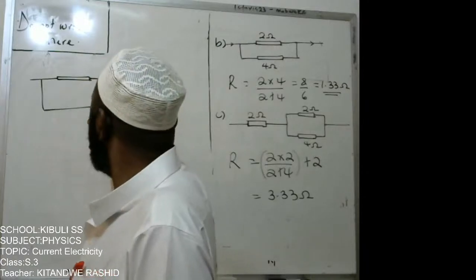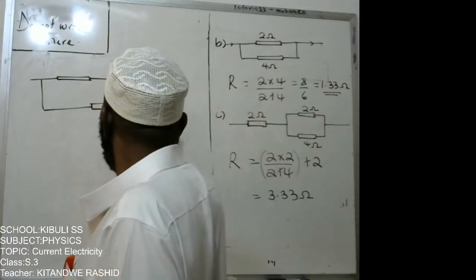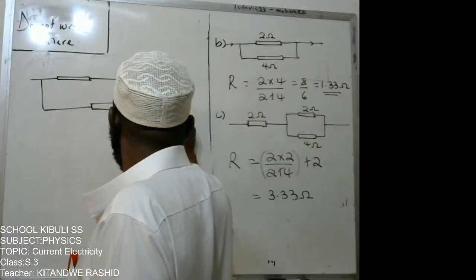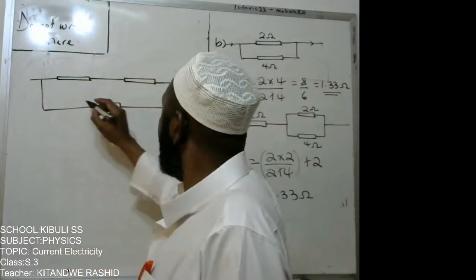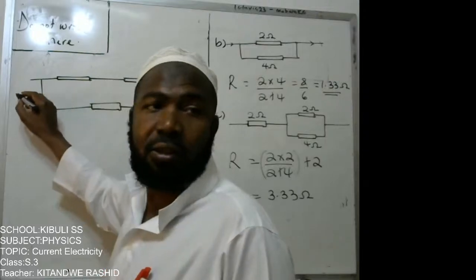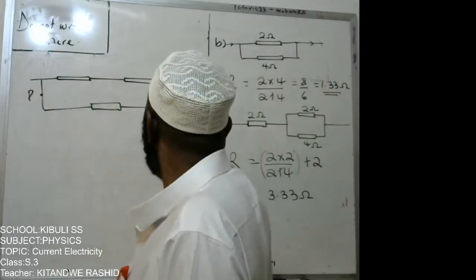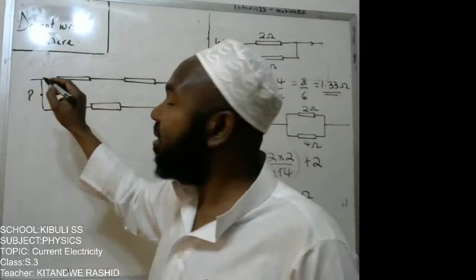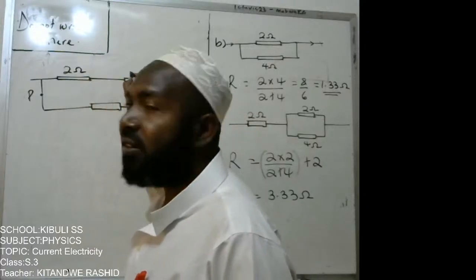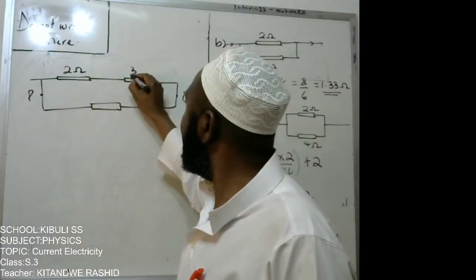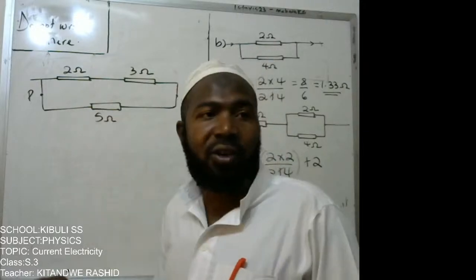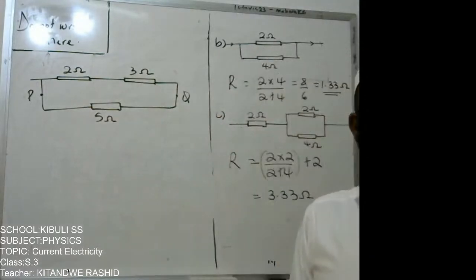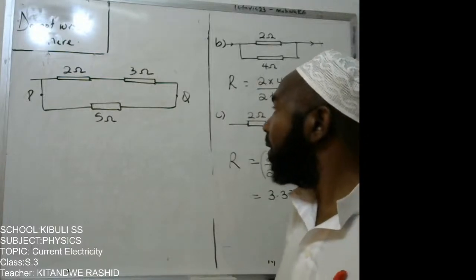Look at it. So I have a point there and another point there. This is P, this is Q. The resistance here is 2. Here the resistance is 3. Resistance is 5. Now the question is asking, calculate the effective resistance between points P and Q.